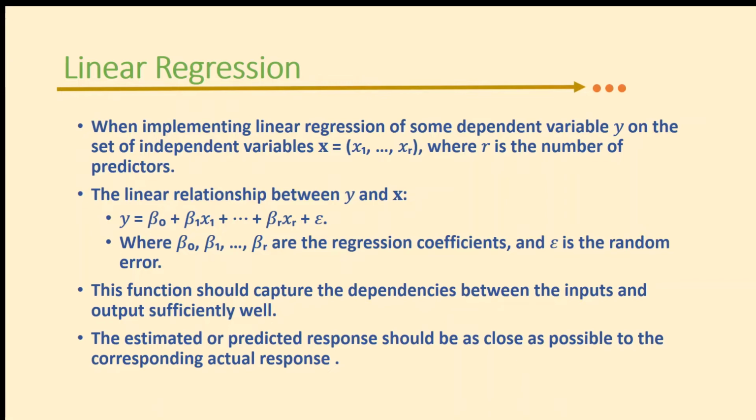Now we can concentrate on β1, β2, β3 up to βr. What are these variables? These are all called regression coefficients.